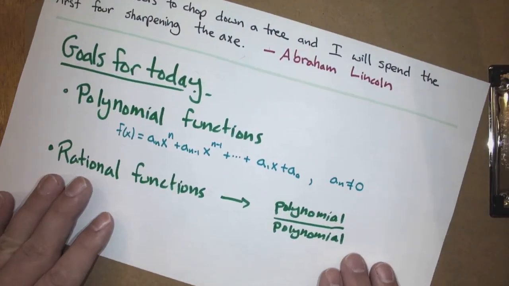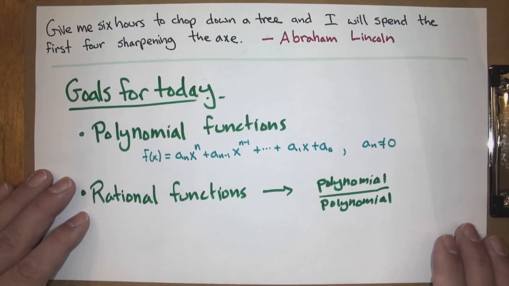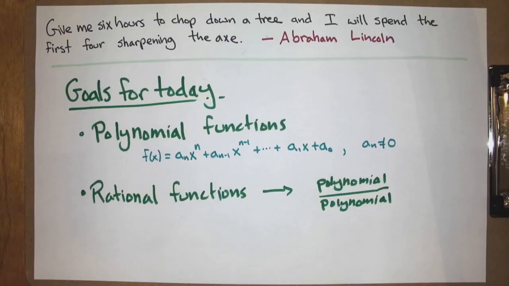Well, where are we going? What's the goal for today? We're going to talk about two things. We're going to talk about polynomial functions. And essentially, we're just building up. We've talked about lines. Lines are polynomial functions. We've talked about quadratics. Those are polynomial functions.